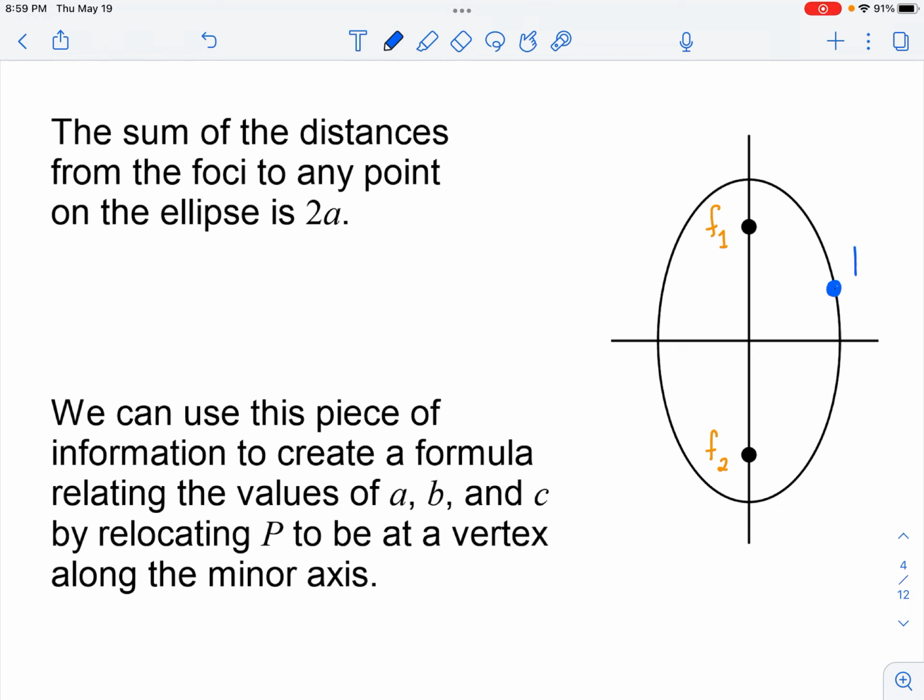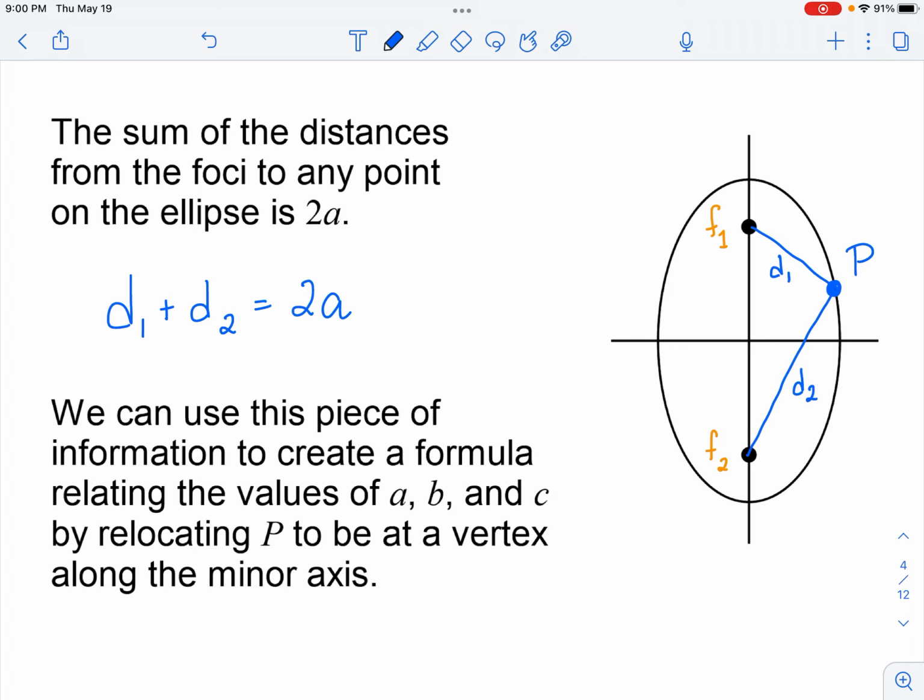We're going to call that point P. The distance from one focus to the point, and back to the other focus, if I call these D1 and D2, the sum of those distances, D1 plus D2, has to be the same as the length of the major axis, 2A.